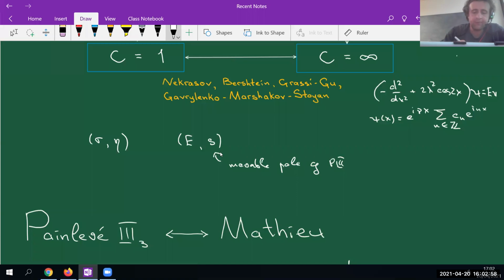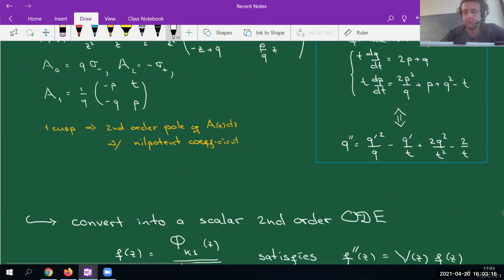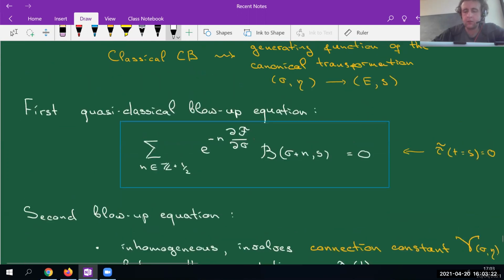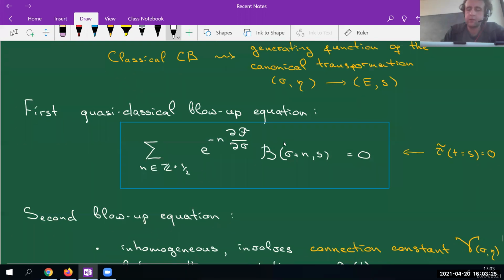Now, the function F is a generating function of the canonical transformation between these two pairs of coordinates. Using that, we will establish very concrete, explicit identities relating F and B. This is an example of such an identity, which allows to express F in terms of B or B in terms of F, if one wants.